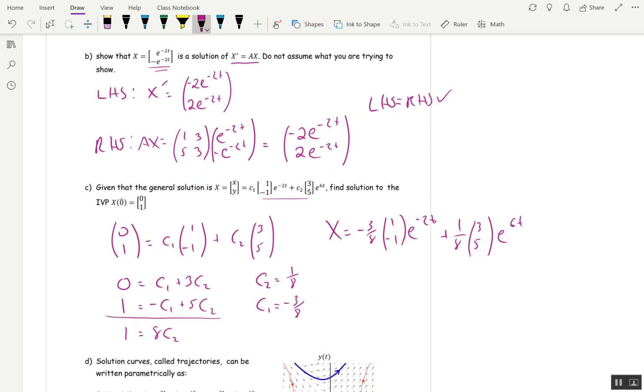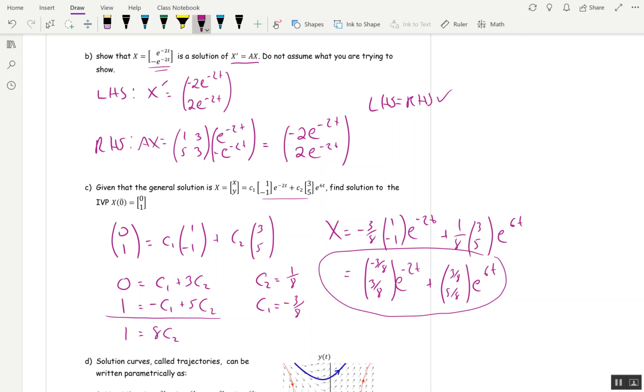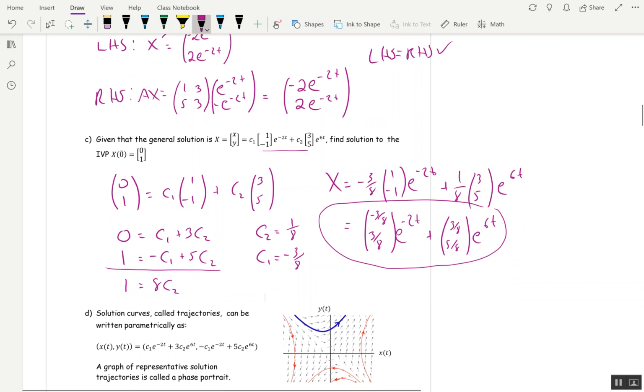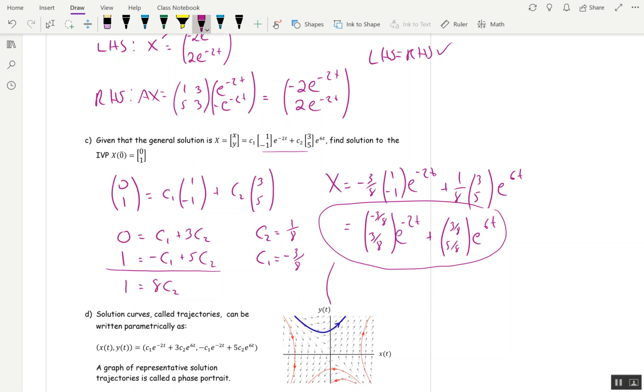And you can leave your answer like that, or you can distribute into this vector here: negative 3/8, 3/8, e to the negative 2t, plus 3/8, 5/8, e to the 6t. We usually leave the e's outside, but you could also distribute those. And if you do that, let me go one step further.